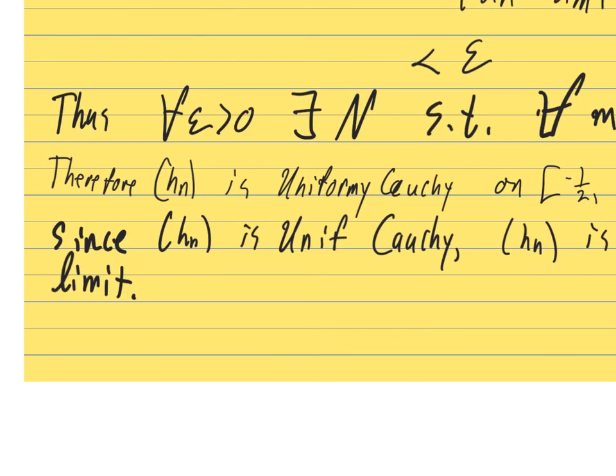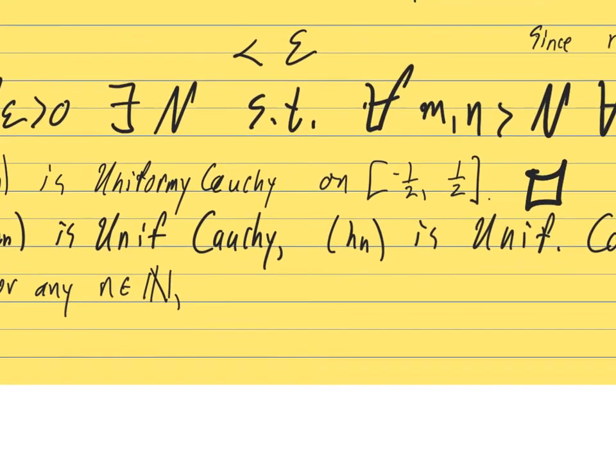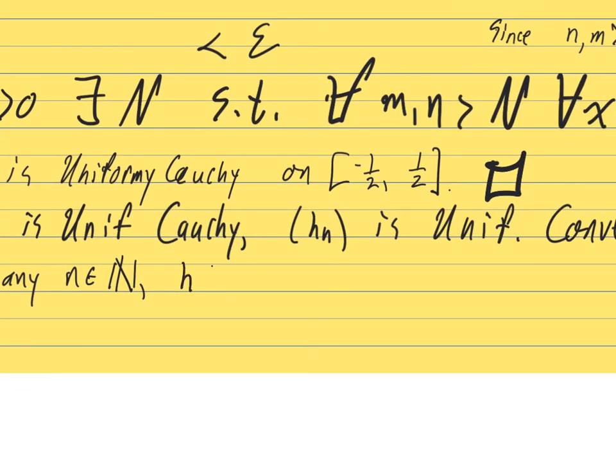Well, what's the point? Well, let's see. h sub n of x for any fixed n, for any n in the natural numbers, h sub n of x is, well, let's just expand it out.